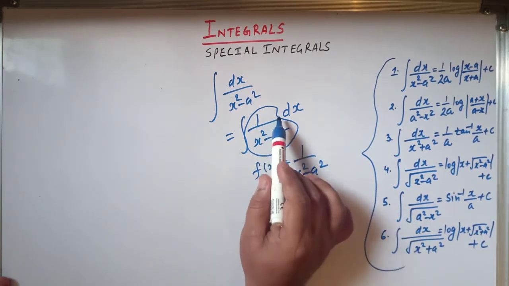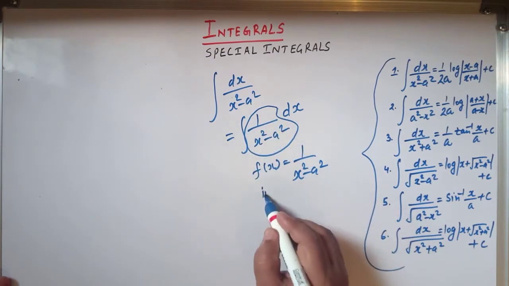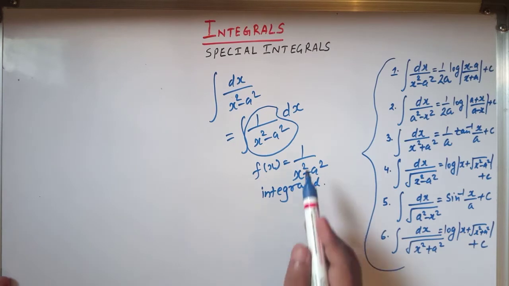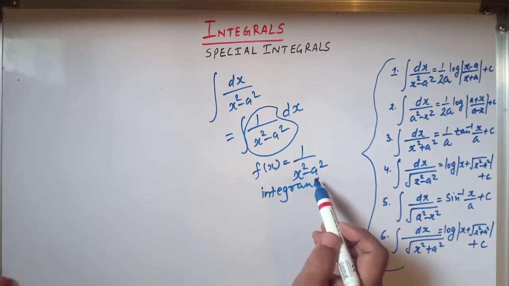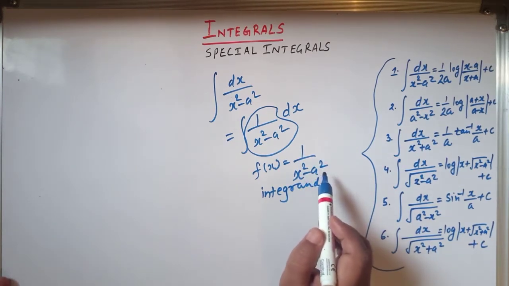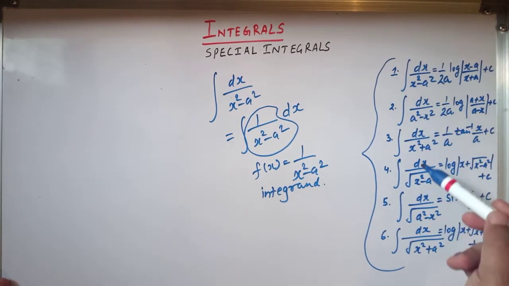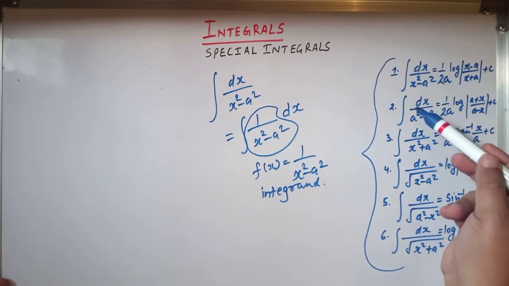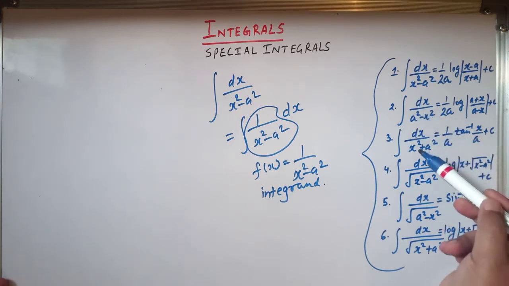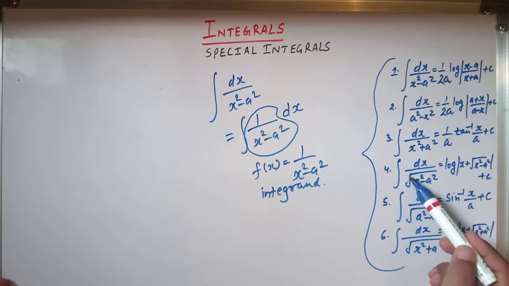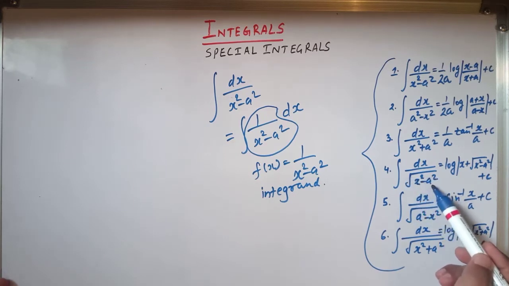Clear? So our integrand is 1 over x square minus a square. Clear? And a similar explanation goes for the other integrals. So this is 1 over a square minus x square, this is 1 over x square plus a square, this is 1 over square root of x square minus a square.